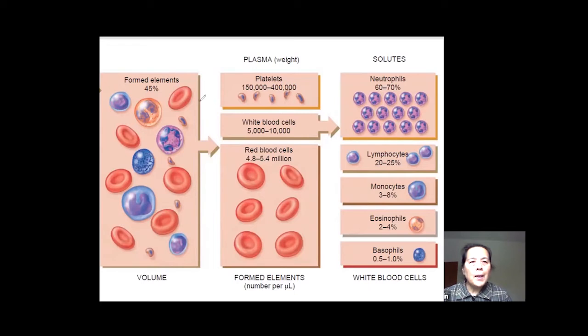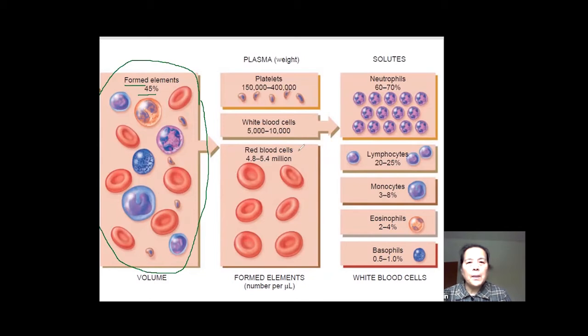So that's basically here means in the blood circulation, we have 45% in the blood belonging to cells or formed elements. So you can see different kinds of cells in there. Then we separate here.